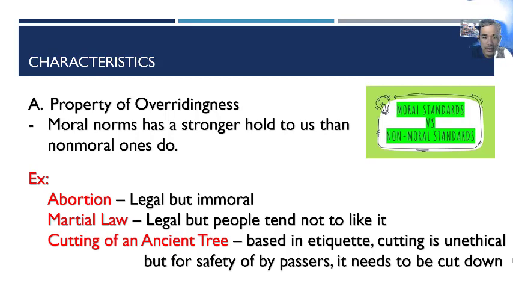The ethical is what we commonly believe, that it is not advisable to cut the tree, but with good reasons, especially on safety and for the life of the bypassers, which is more obligatory, we have to disregard what we think is ethical. All right, so we're talking here about the moral norms.